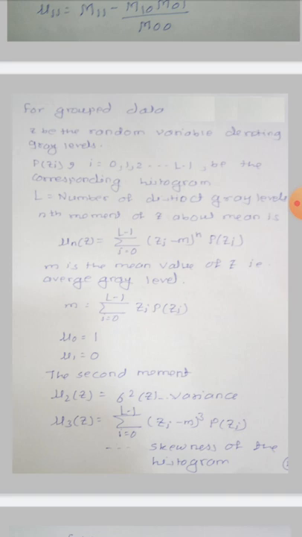Third moment, mu3 of z is equal to summation i equal to 0 to L minus 1, zi minus m cube into P of zi. The third moment is a measure of skewness of the histogram, while the fourth moment is a measure of its relative flatness.